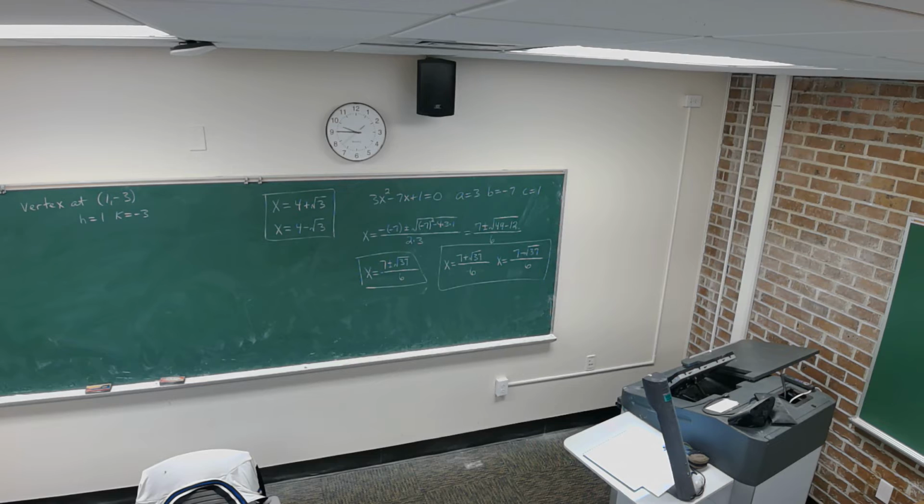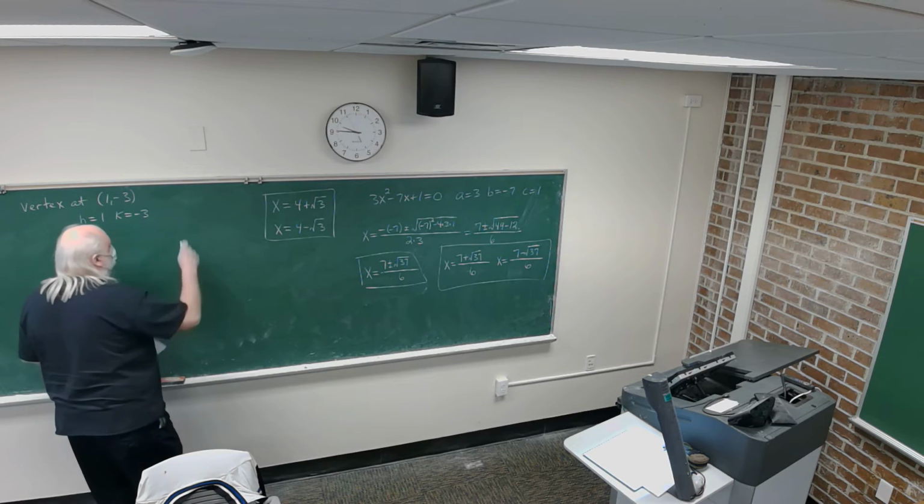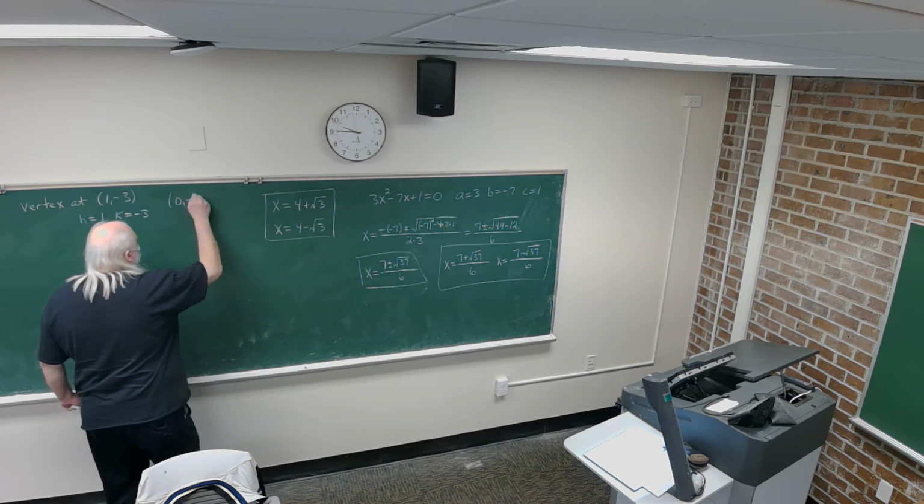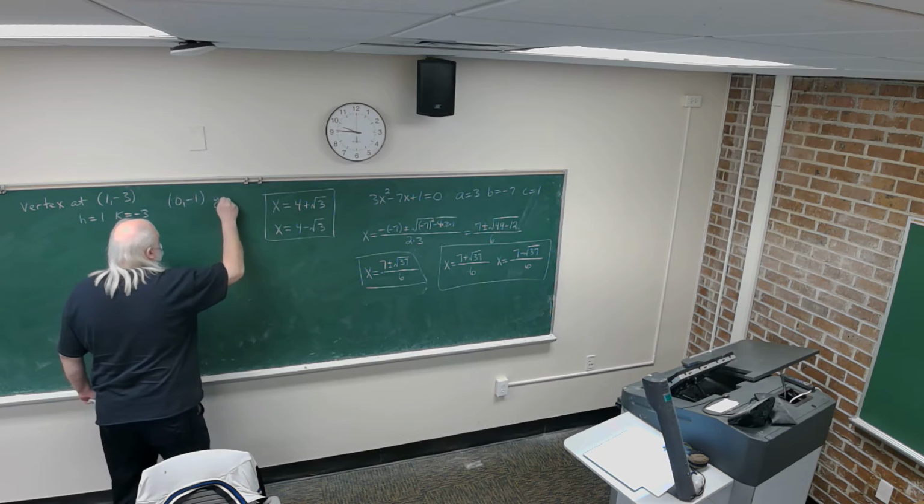So this is the y-intercept. What is the y-intercept? Minus 1. What's the ordered pair for the y-intercept? 0, minus 1, right? So the point 0, minus 1 is the y-intercept.